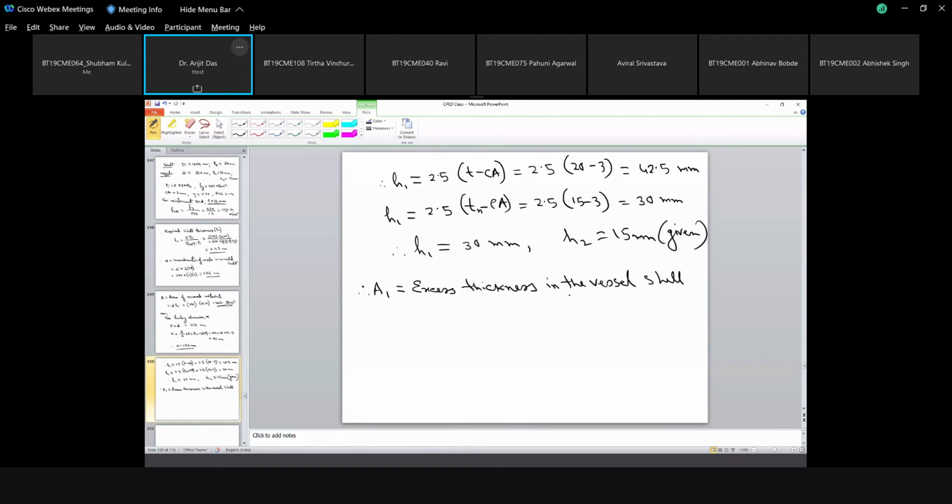A1 is the excess thickness in the vessel shell. So the expression is this one.